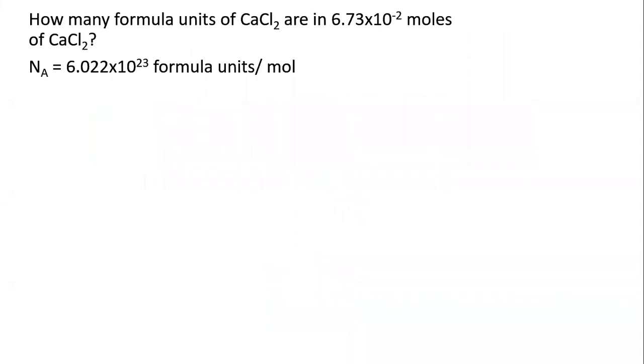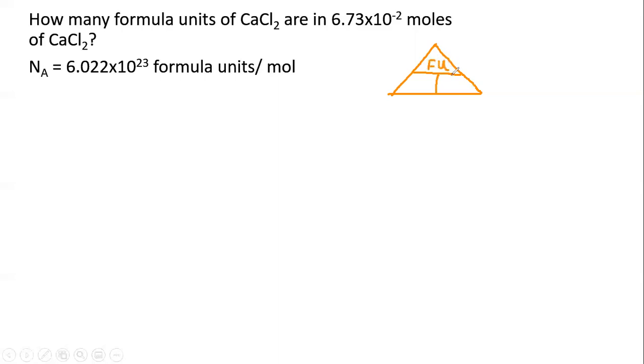So here we want to know how many formula units of calcium chloride are in 6.73 times 10 to the negative 2 moles of calcium chloride. So here we have moles, and we want to find formula units. So if we look at our triangle, and I'll use FU for formula unit, so I don't have to write entity.